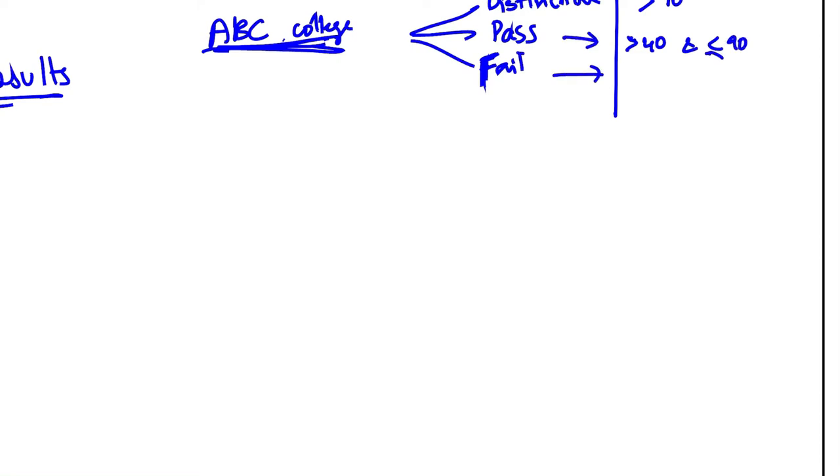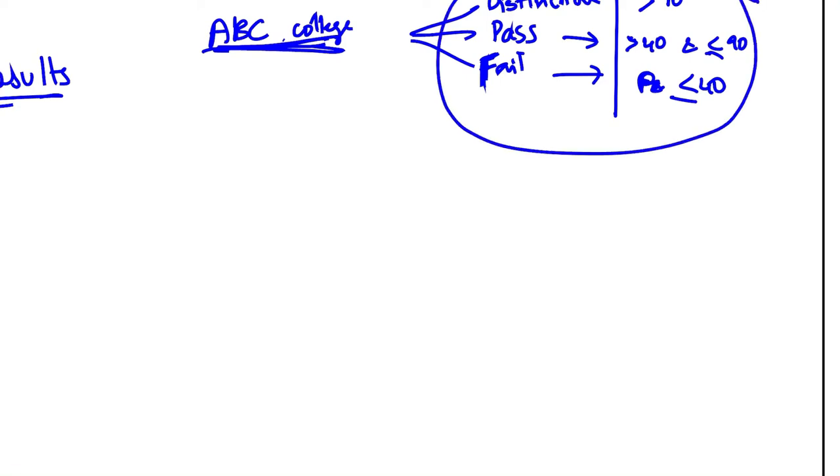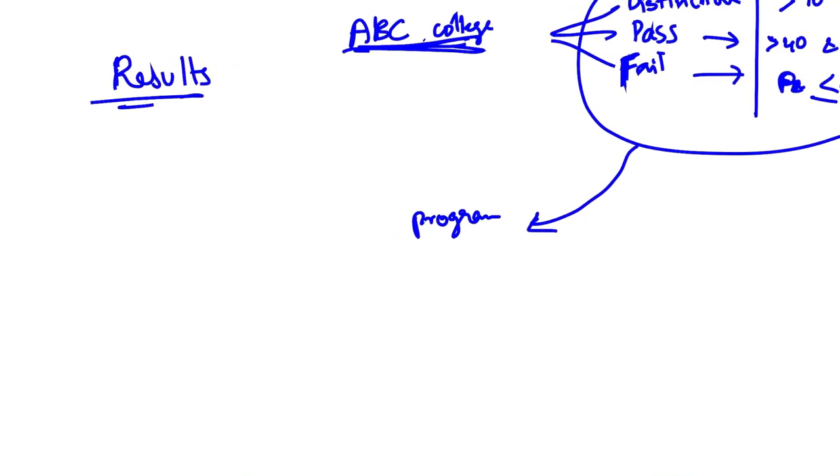Else it's fail, which means less than or equal to 40. We will have to put this condition in programming, so let's write the small code over here.